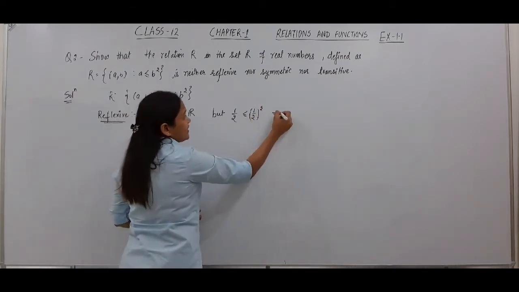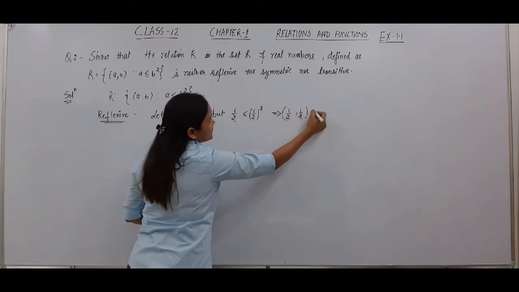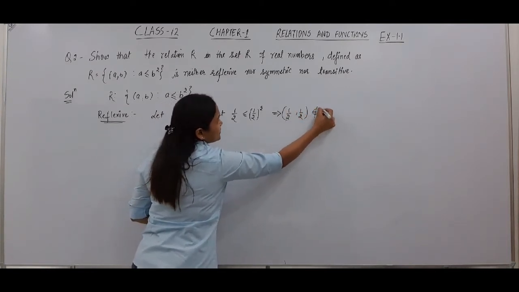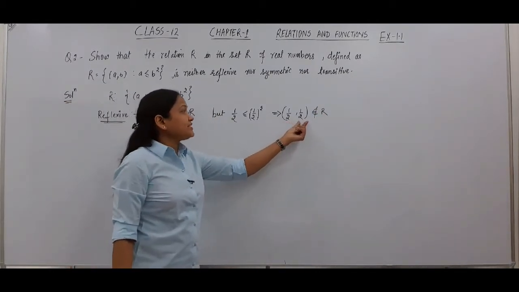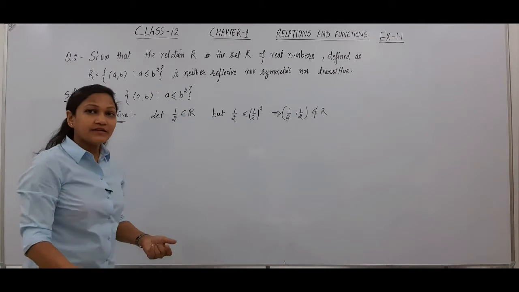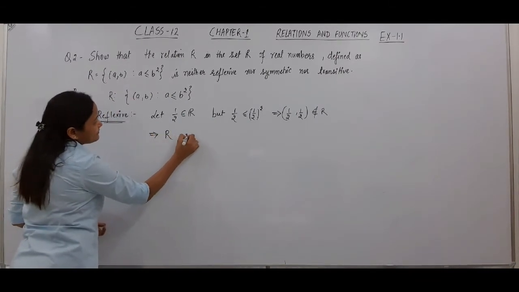That implies half is not related to half, does not belong to this relation. और अगर एक भी रियल नंबर हमें ऐसा मिलता है जो अपने आप से रिलेटेड नहीं है, that implies your relation is not reflexive.